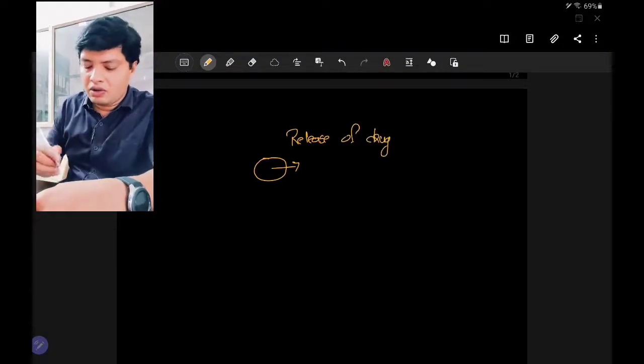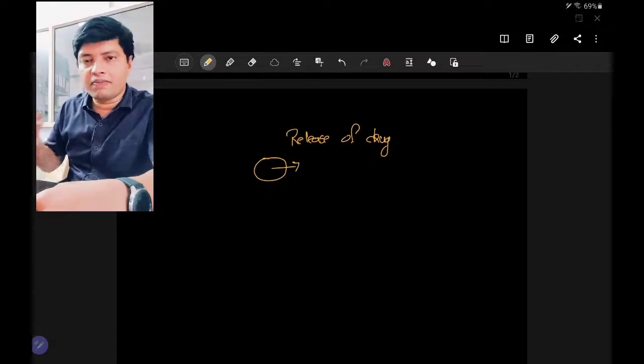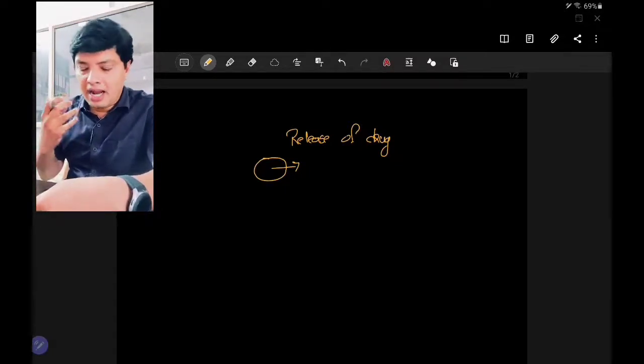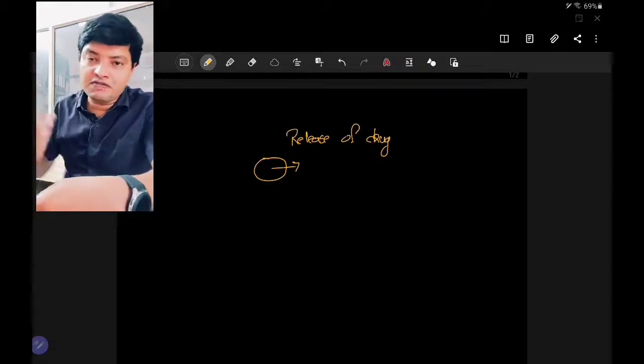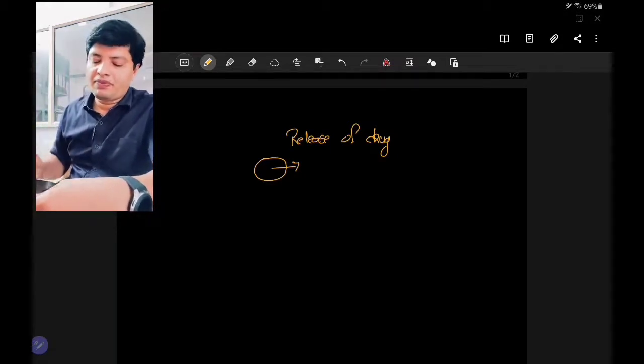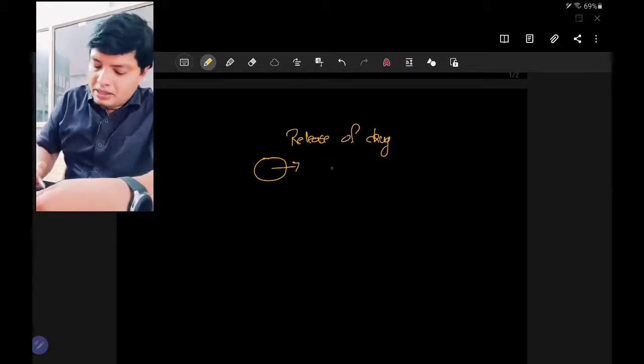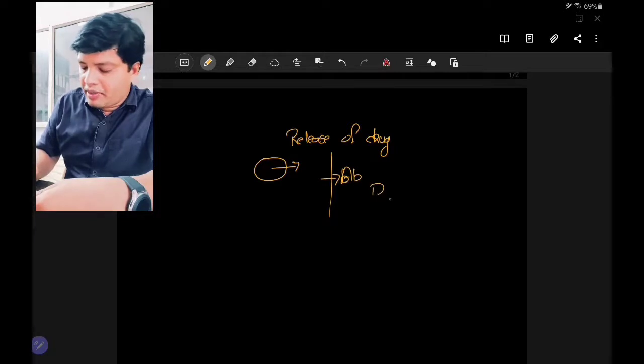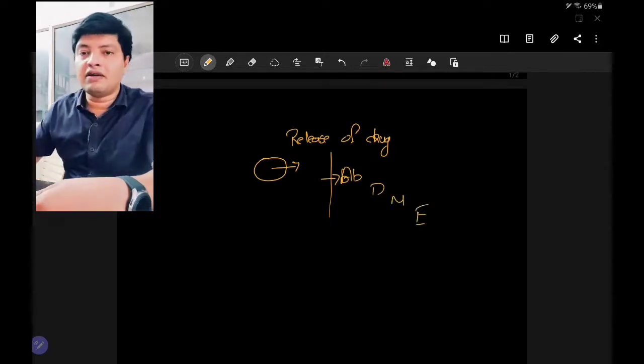So I am designing a controlled release or sustained release dosage form with a predetermined mindset that what is in my hand is that I can control the release of drug from the dosage form. What is not in my hand is absorption, distribution, metabolism and elimination of the drug.